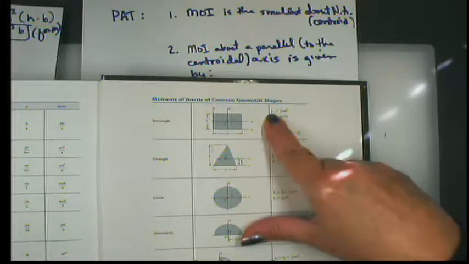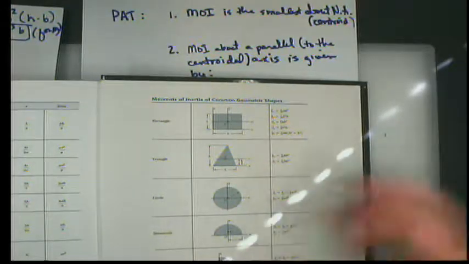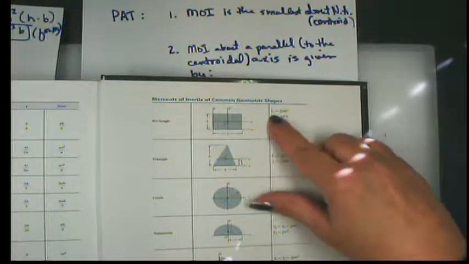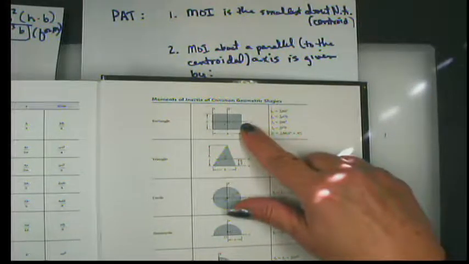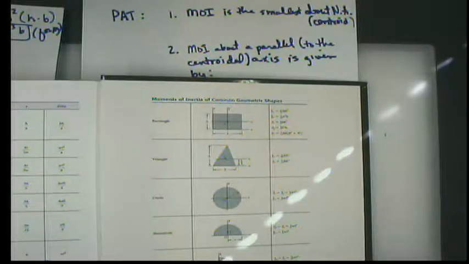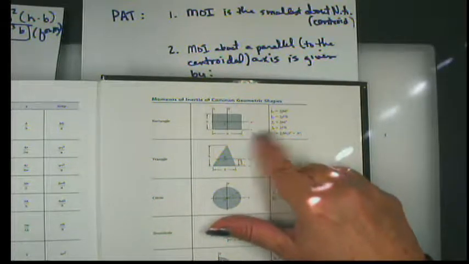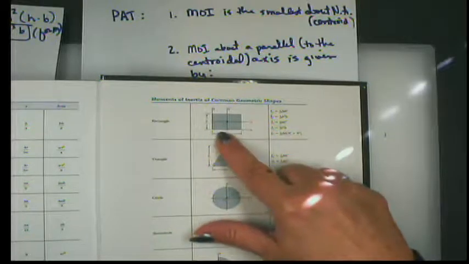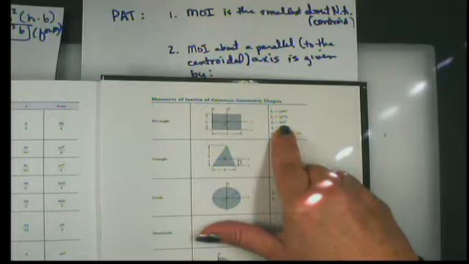This is actually kind of redundant. It says I with a bar above it, which means centroidal, and then it says x prime, and in the picture you can see that x prime is the centroidal axis. So it's really saying that two different times, which is redundant. But it's saying that the moment of inertia about the x bar axis, or x prime axis, is 1/12 base times height to the third. It also says that the moment of inertia, not about the centroidal axis, but about the x-axis at the base of this rectangle, is 1/3 base times height to the third.